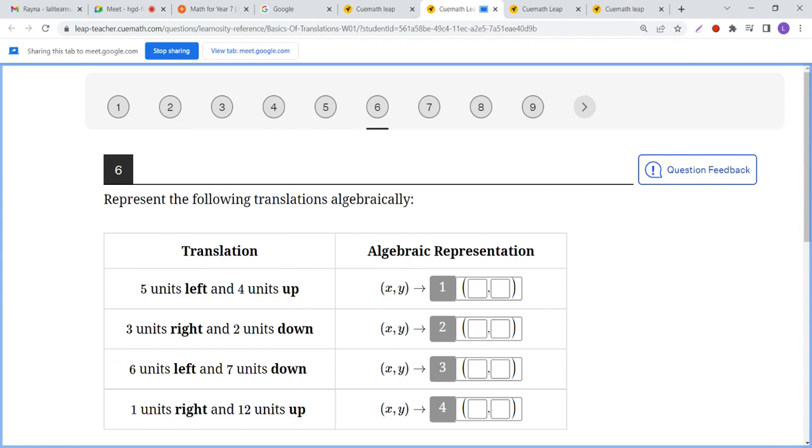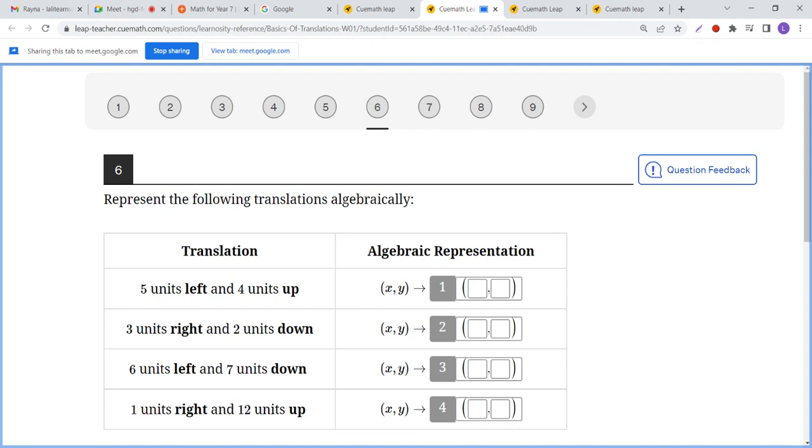So it is x minus 5 and y plus 4. Correct. Next, it will be x plus 3 and then y minus 2.